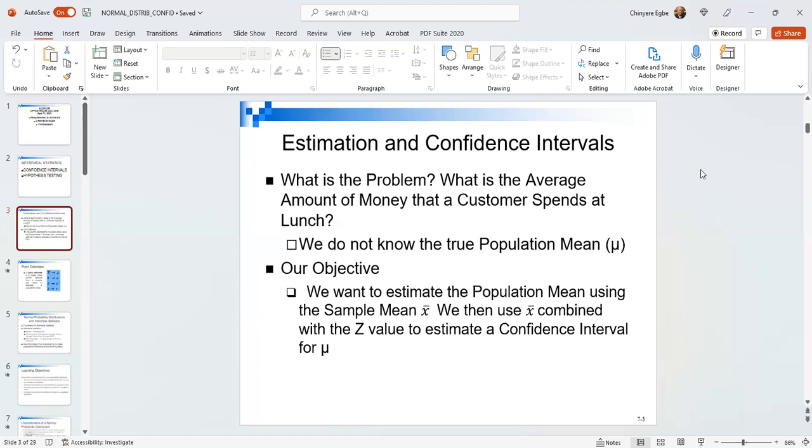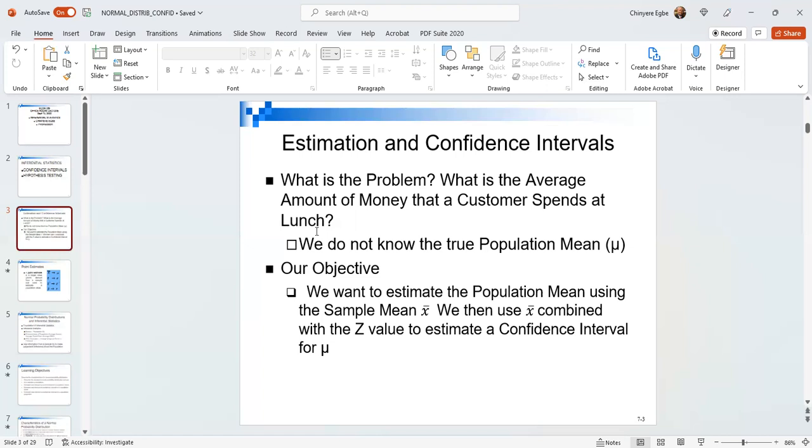And so the question is, what probability distribution do we use? The probability distribution we use is the one we believe the data that we have follows. So the data can follow any kind of probability distribution, and we have to use that distribution to do our confidence interval estimate. For our purposes, we are going to use the normal distribution.